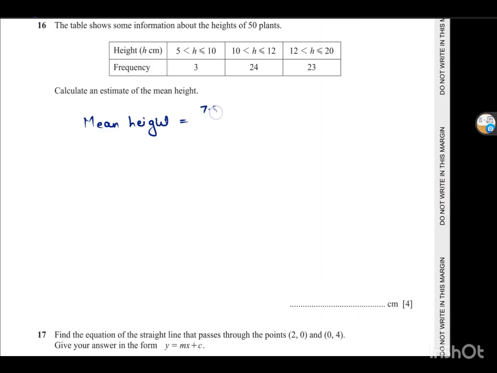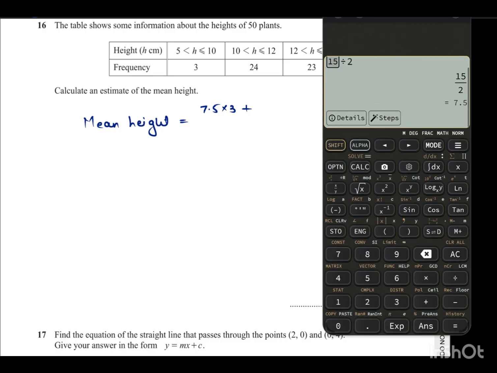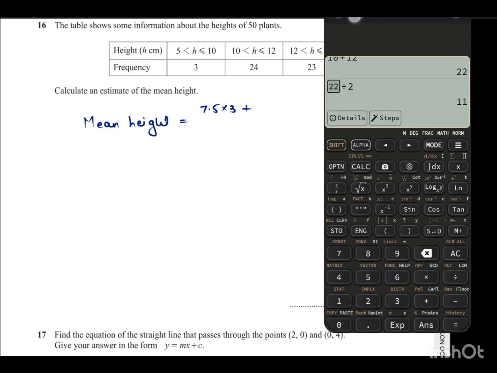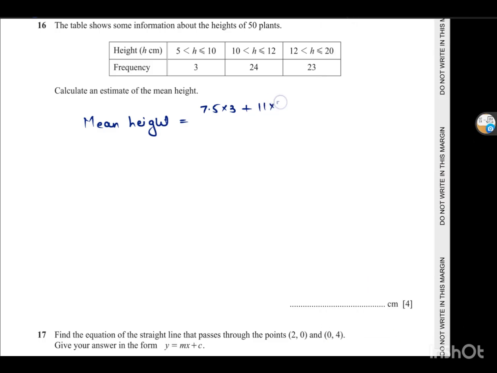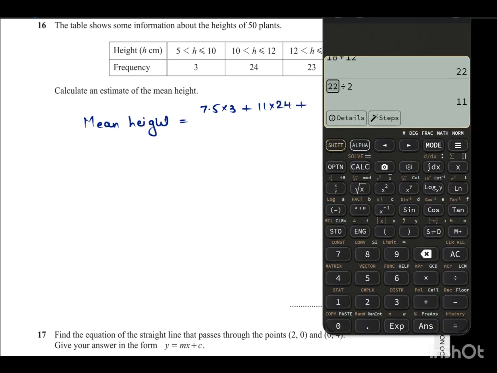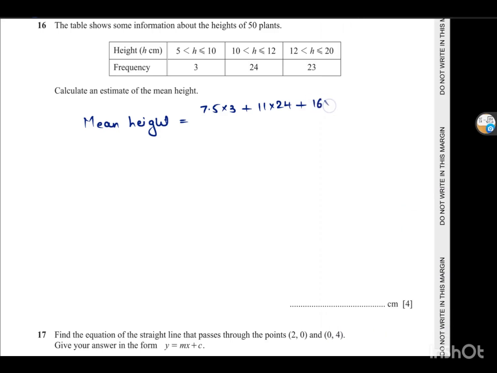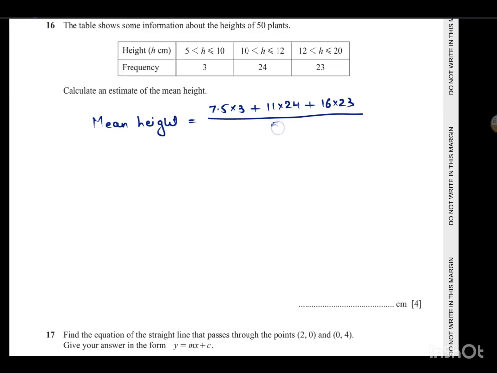So 7.5 multiplied by 3, plus the mid value of second class, 10 plus 12 divided by 2, is 11. So 11 multiplied by 24, plus the third class, 12 plus 20 divided by 2, is 16. 16 into 23, divided by the total number of plants, which is 50.